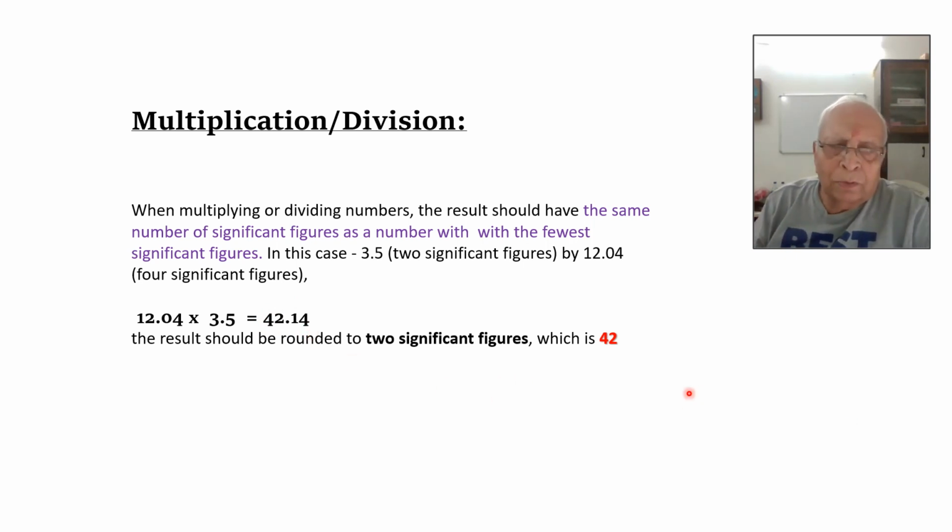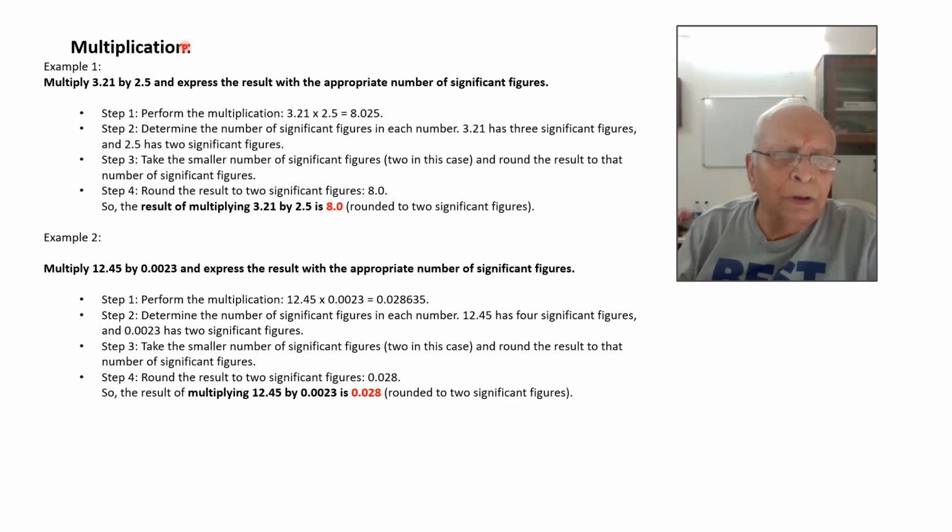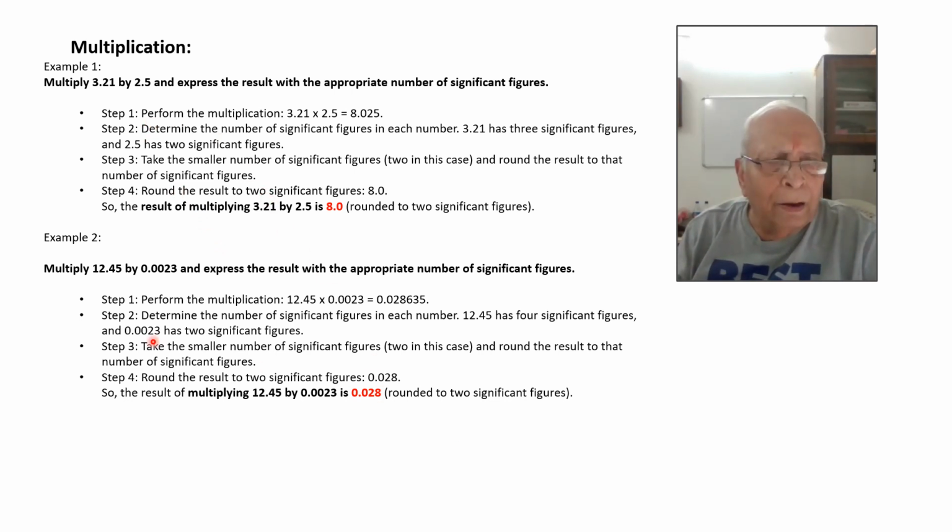But so far as precision is concerned, we need 42. Now let us see certain other examples. I advise you to go through it. The results are here and all these steps are mentioned here for your convenience.